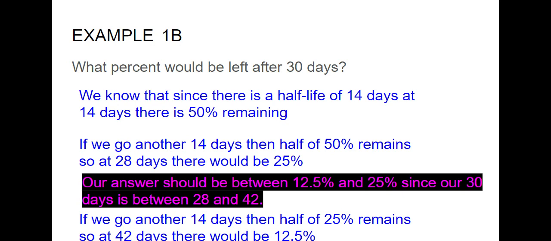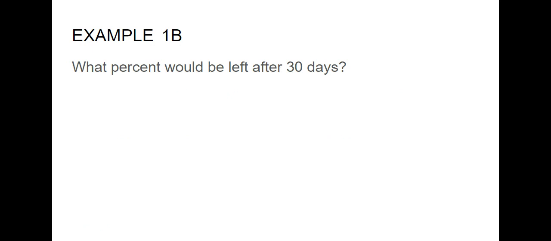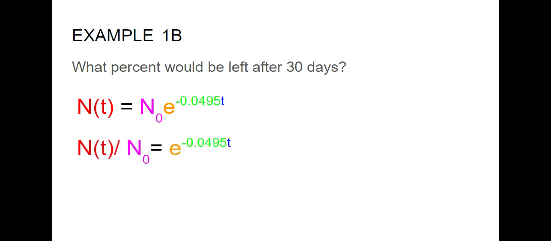So let's go ahead and do the algebra part of it. We go back to that equation that we found in part A, and we are going to divide again because we do want to find that percent. And so that is the ratio of our remaining to our original. What we want to do here is just plug in for t.